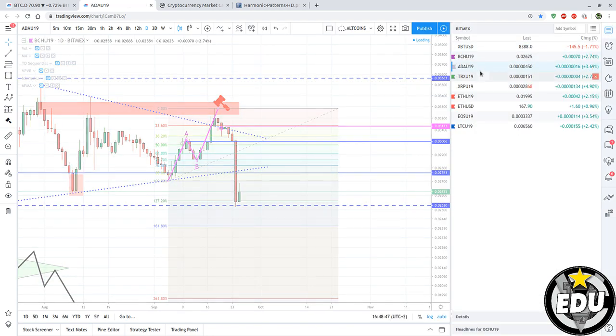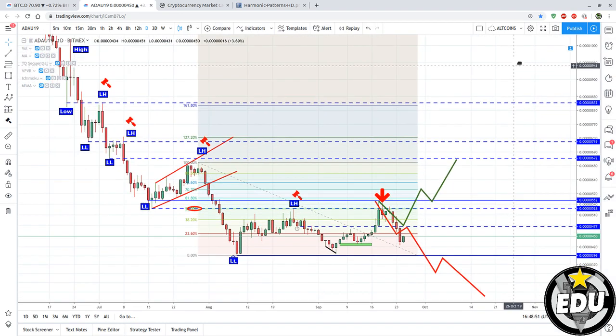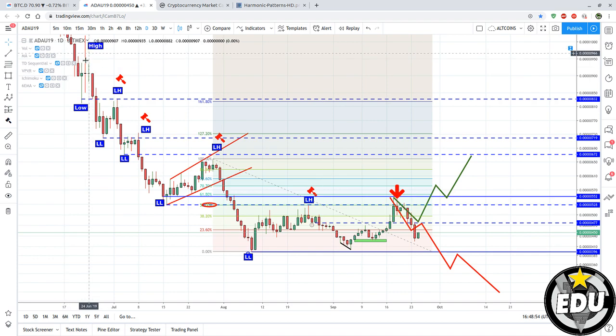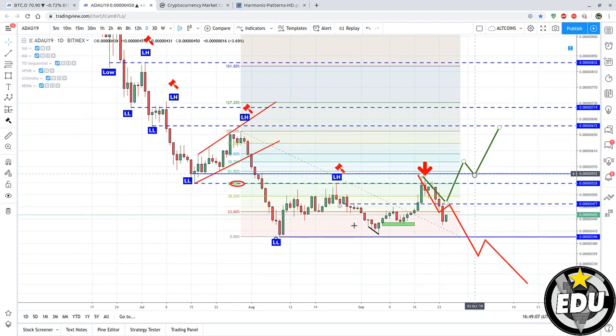ADA. This was another scenario. This is interesting. Why? Well, I traded a downtrend, lower high, lower low, getting smashed every time price reached the previous level. And here I was like, okay, what is this thing gonna do now?